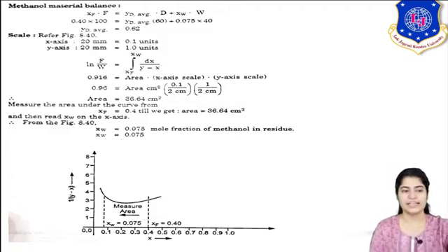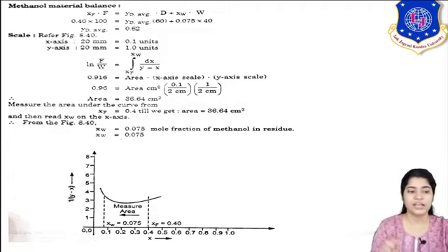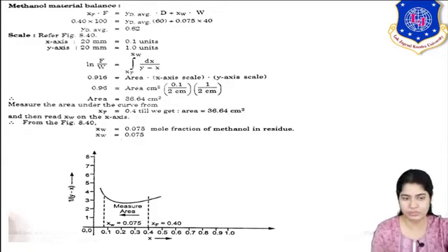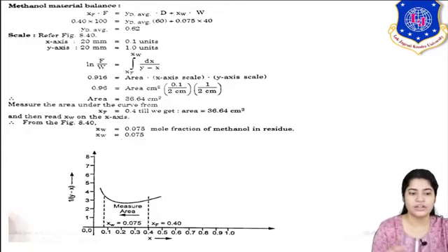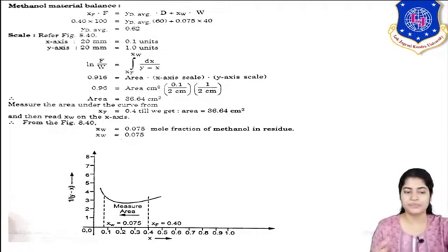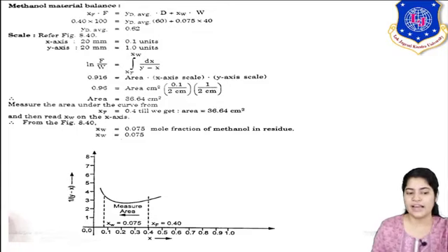Now how to calculate the area, let's study it first. Refer to the graph. Your x-axis scale is 20 millimeter equal to 0.1 unit. 20 millimeter means 2 centimeter is equal to 0.1 unit. Y-axis is 20 millimeter equal to 1 unit. The formula is LHS is equal to area into x scale into y scale.